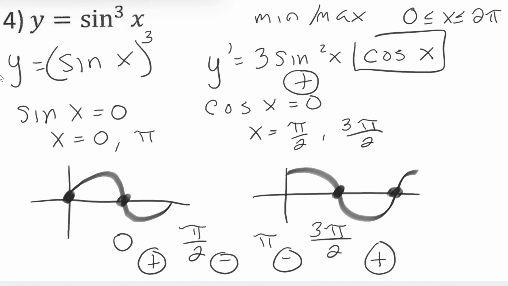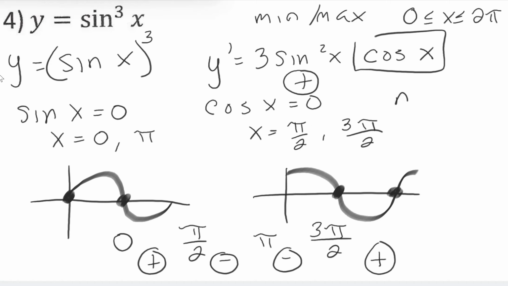From pi to 3 pi over 2, cosine is still negative, so negative times positive is still negative. After 3 pi over 2, cosine becomes positive again, so positive and positive gives you a positive. So I have it increasing to pi over 2 and then decreasing after it.